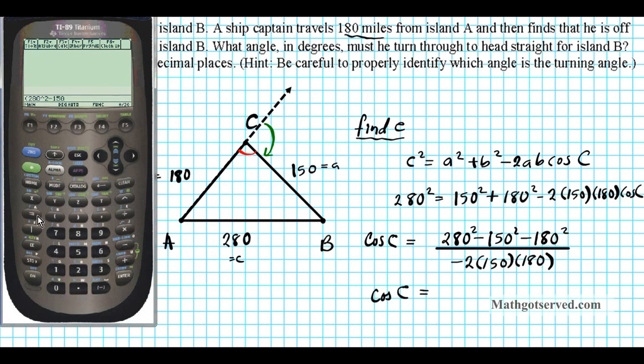Minus 150 squared minus 180 squared. And that entire expression divided by negative 2 times 150 times 180.